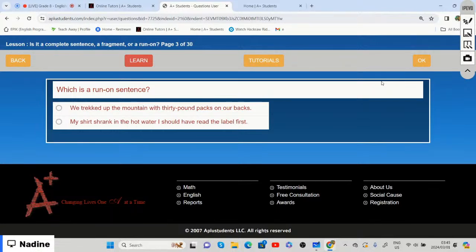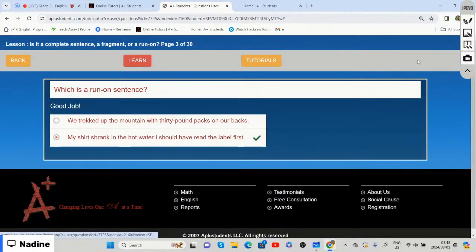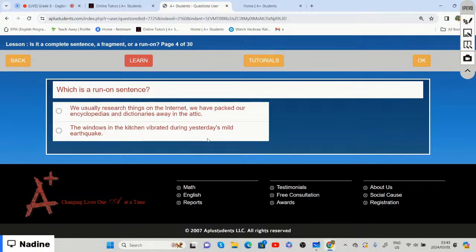All right, so we need to say which one is a run-on sentence. It says, we trekked up the mountain with thirty-pound packs on our back. I think I said this one was a run-on sentence. Yeah, that is correct. Okay, we usually research things on the internet.